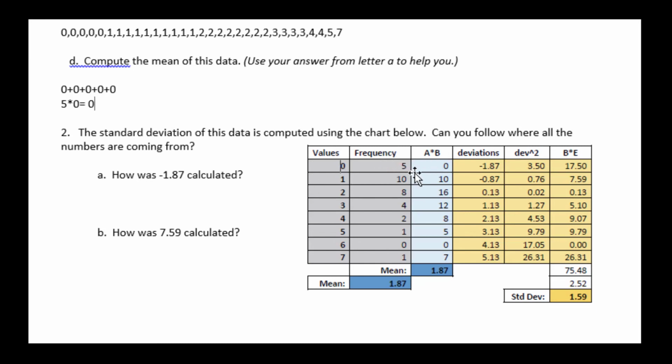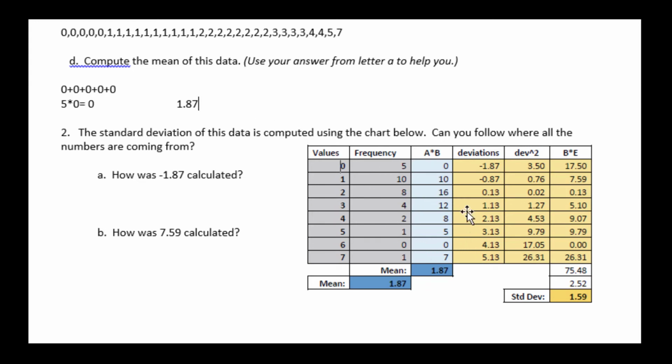So really all they would have to do is multiply 0 times 5, 1 times 10, and get the numbers here and add those up and divide them by how many? By the frequency, which is 31. So there is the mean right here, 1.87. So instead of calculating it forever by hand, I'm just going to go down here.